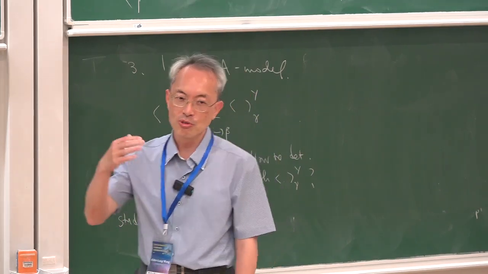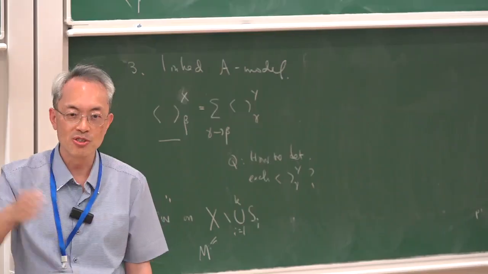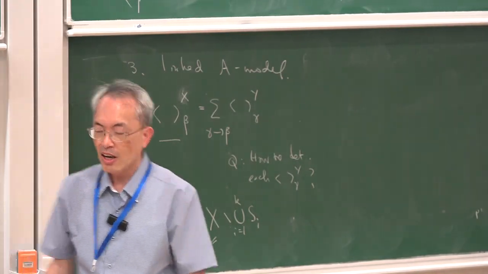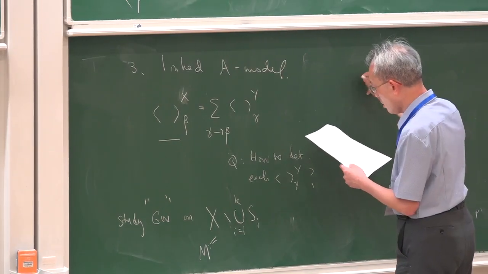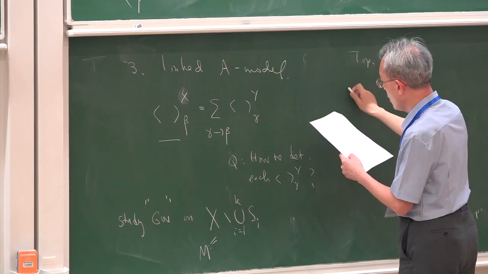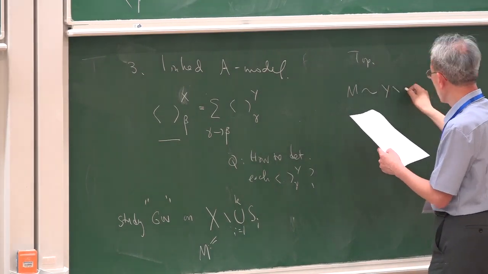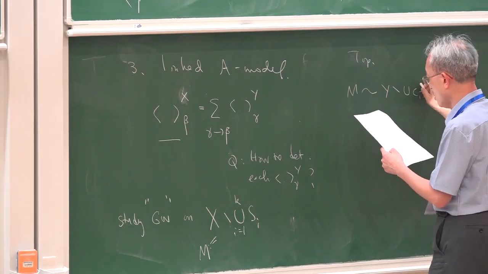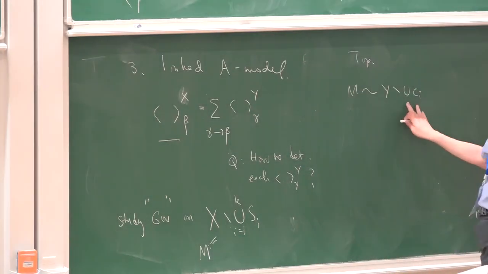You want to study your global counting, but you are not allowed to touch the vanishing cycle. And if you do that, then you will figure out topologically, we actually have N is homeomorphic to Y remove these rational curves. Because when you remove the vanishing cycle, it's the same as you go to Y.